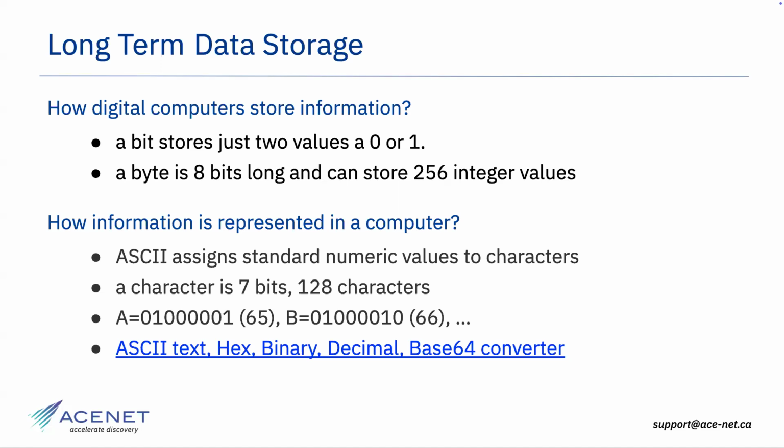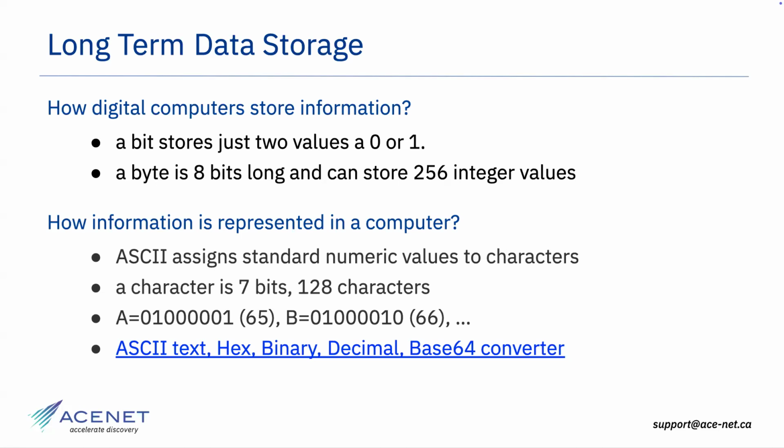There is too little information in a bit to be useful. Bits can be grouped into bytes to store useful information. An individual byte can store enough information to be meaningful. The term byte was historically used to describe a set of bits necessary to encode a single character of text.